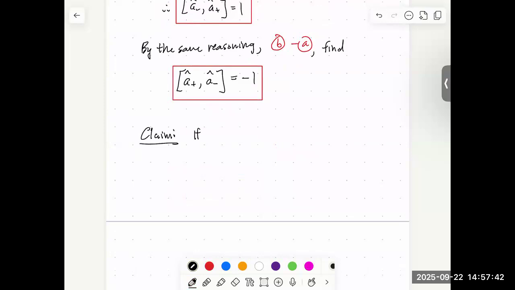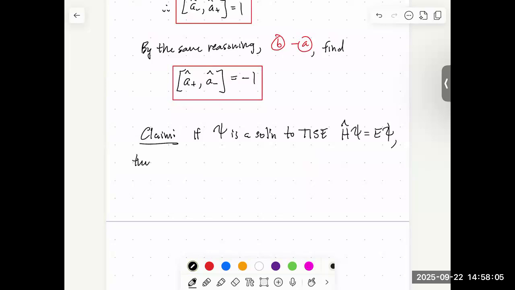Suppose psi is a stationary state that is a solution to the time-independent Schrodinger equation, H hat psi is equal to E psi.